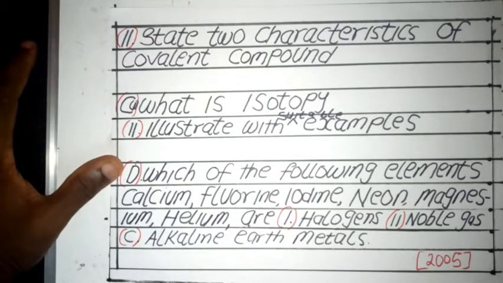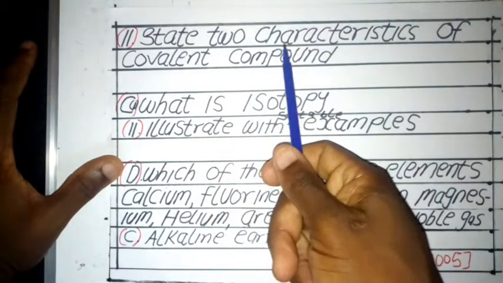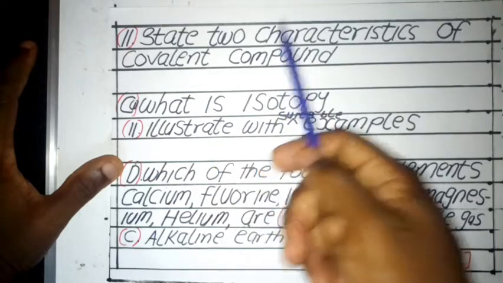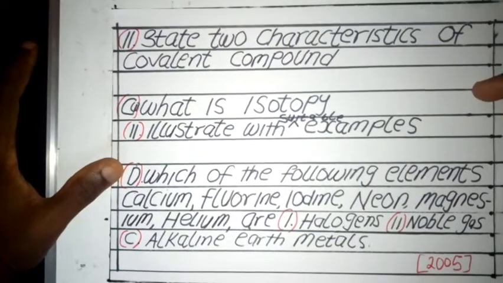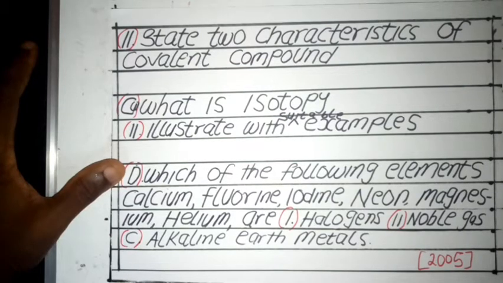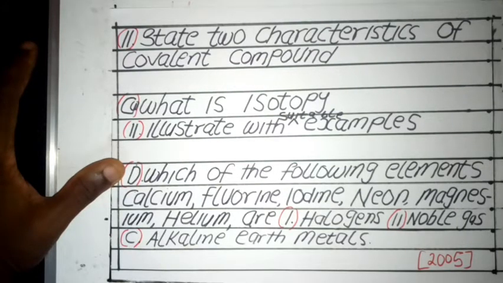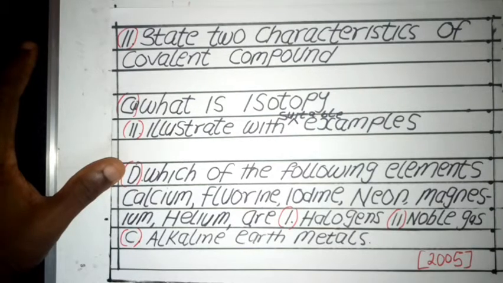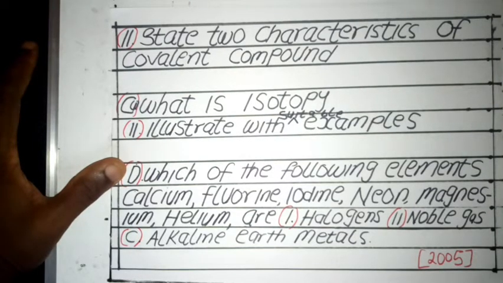So next question. State 2 characteristics of covalent compounds. Covalent compounds' characteristics are that they have low melting and boiling points.